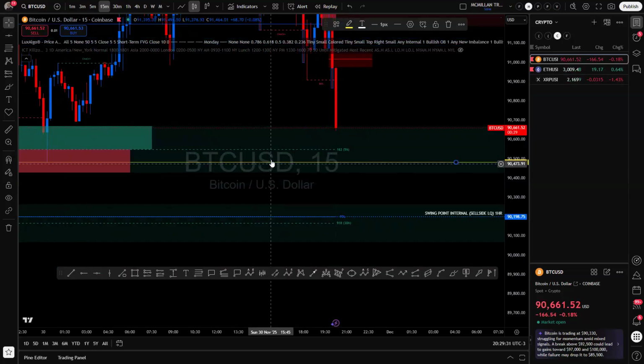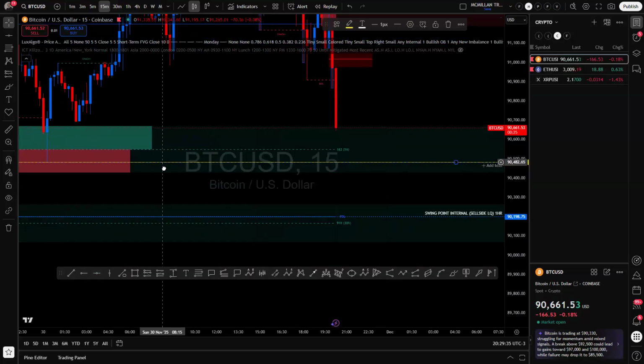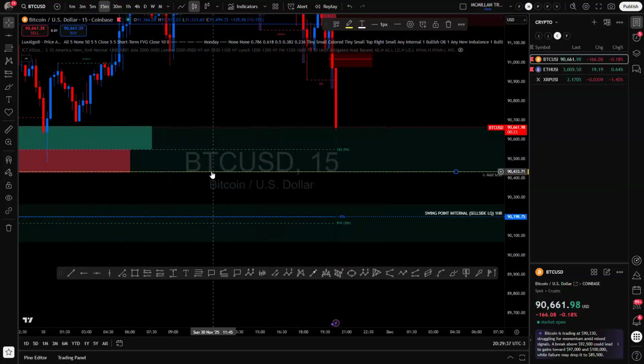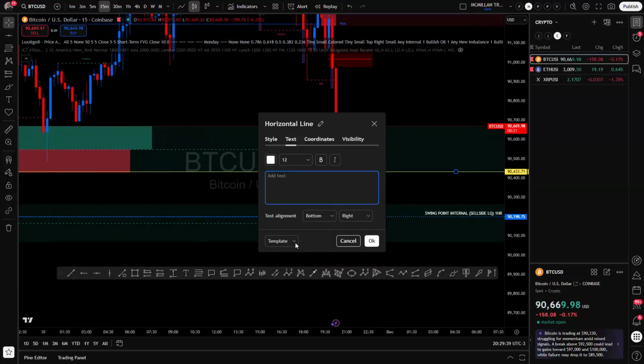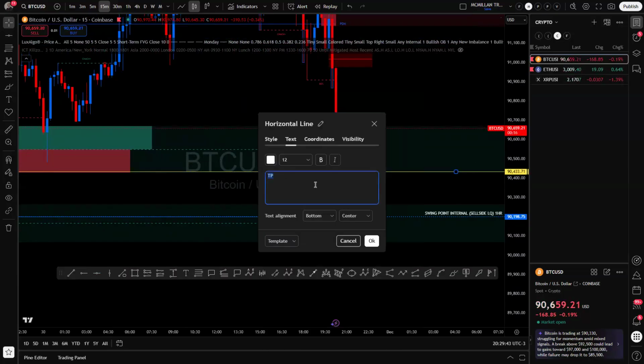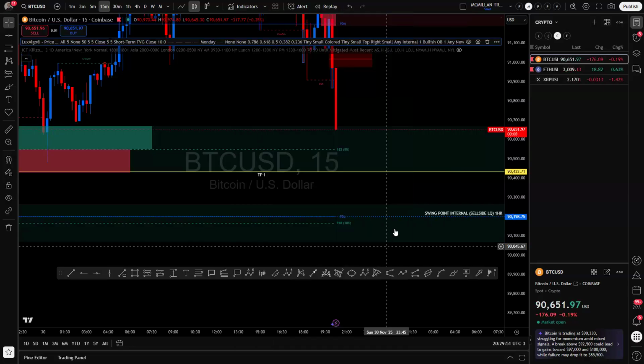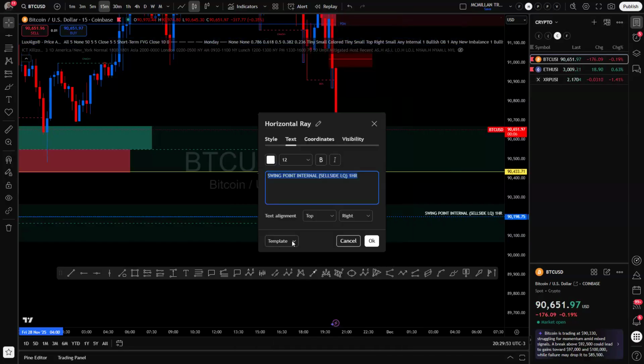Let's make this TP1. Actually, I'd probably target the bottom of the order block here. It's probably going to try to sweep this low. So we're going to make this TP1. Yeah, we could just realistically change this to TP2.